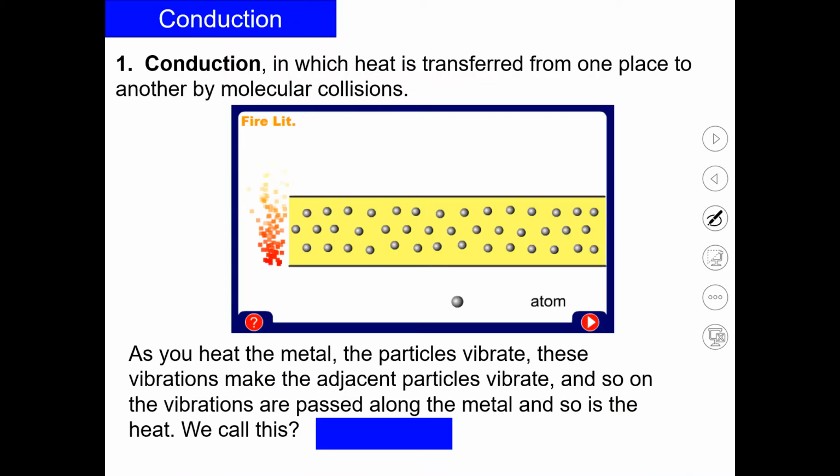Firstly, how can we describe conduction scientifically? Conduction is the process in which heat transfers from one place to another by molecular collision.